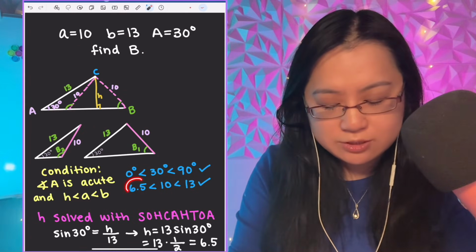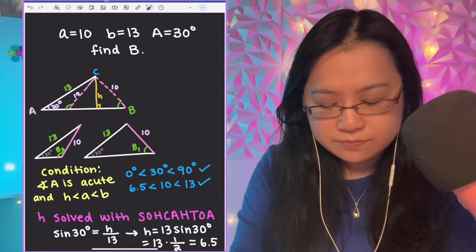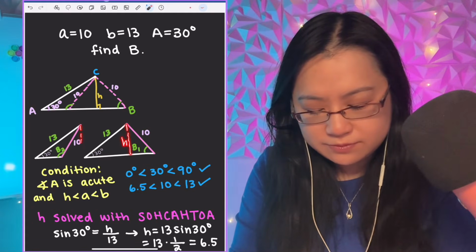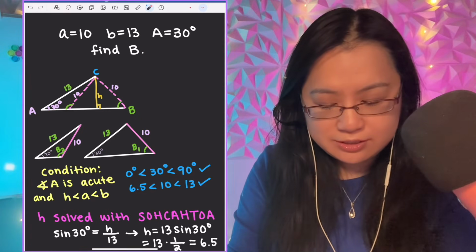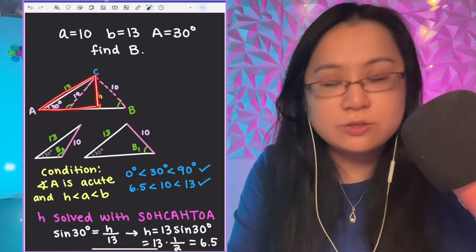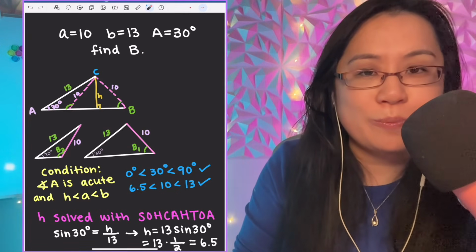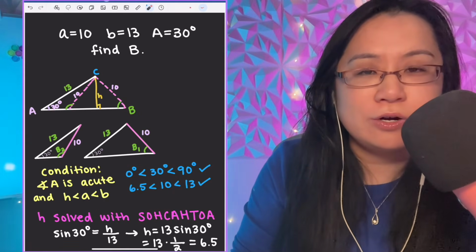Now what about H? H is the height of this triangle. Whether you want to think of it as this one or this one, it's the same. And so how do we do that? I think it's easier to see it here. So we are going to use SOHCAHTOA, specifically the SOH part. Sine is opposite over hypotenuse.